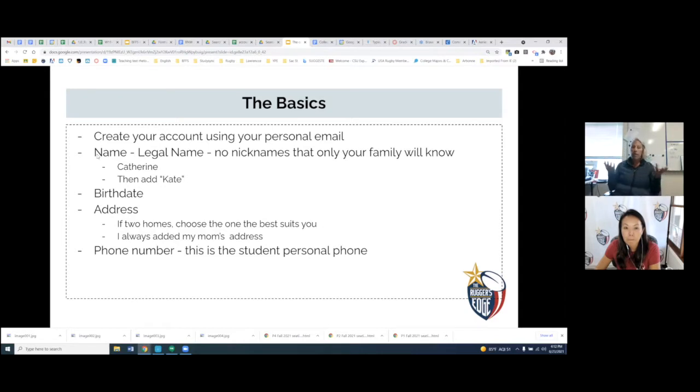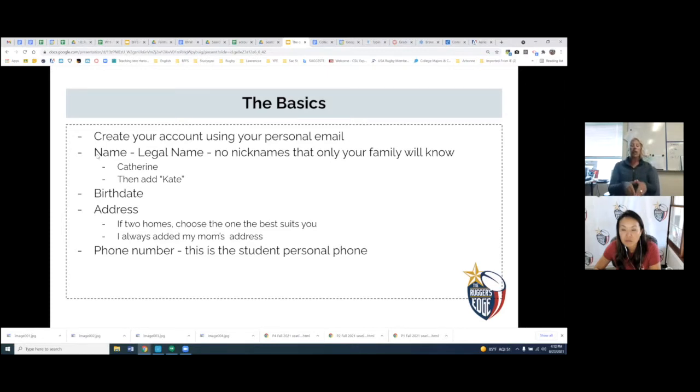It sounds crazy, but make sure you put in your birth date correctly. Don't mismark the year. Don't mismark the day. And addresses can sometimes be tricky. We don't all live at one address or one space. When I was a kid, I had two very different households, but I chose the one I was at most, which was sort of my home base, so I always used my mom's address.